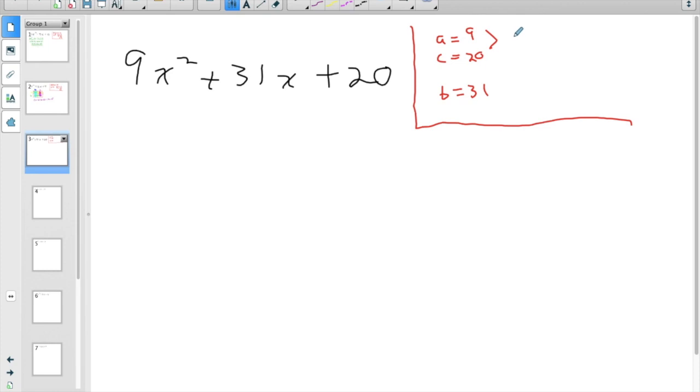Now we multiply A and C together to get, in this case, 180. So we are looking for two numbers that add to get me 31, but multiply to give me 180.